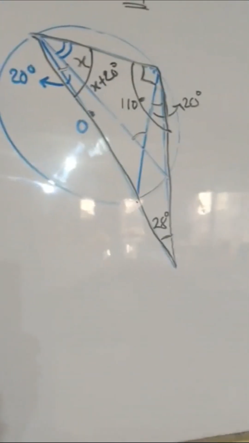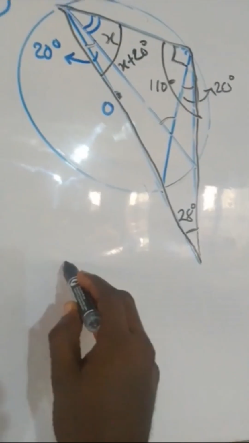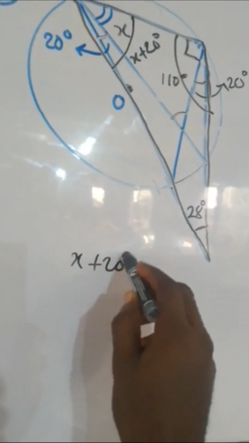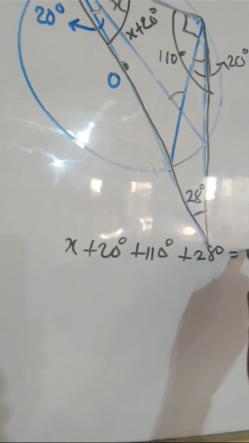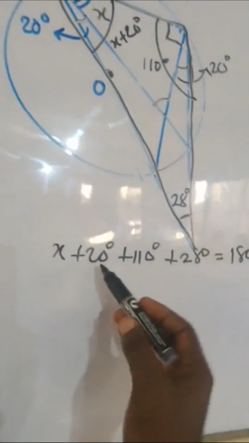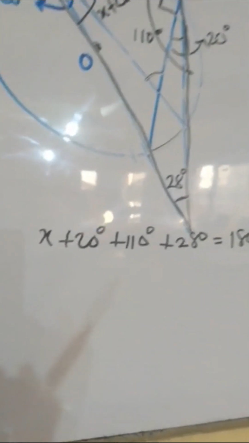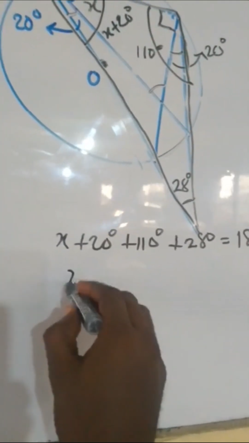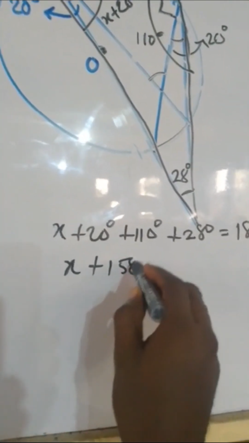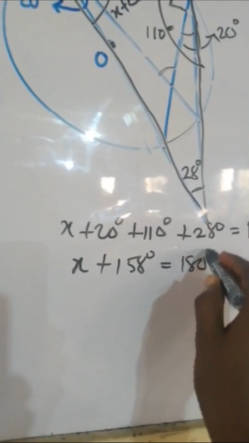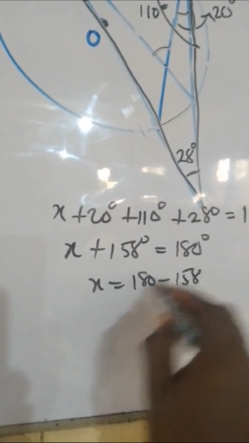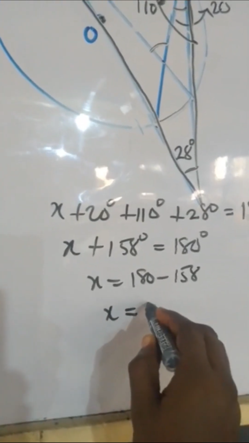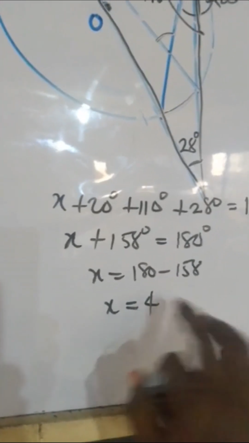When you add all the angles in the triangle, you must get what? So x plus 20 plus 110 plus 28 must give what? 20 plus 110 plus 28 is 158. So x plus 158 degrees equals what? So what is the value of x from here? 180 minus 158. So what is x? 20.